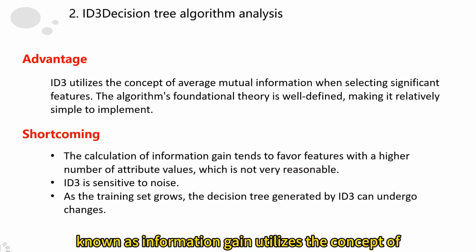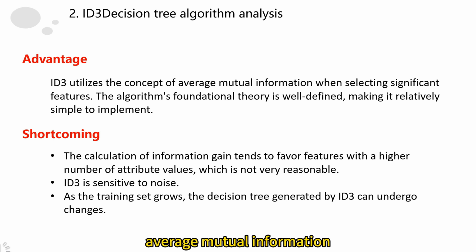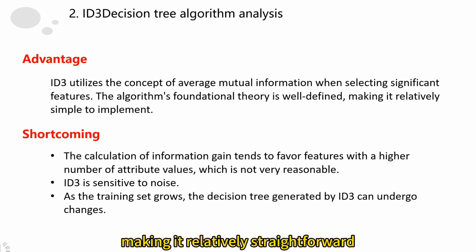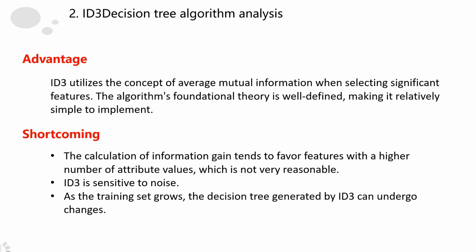The algorithm known as information gain utilizes the concept of average mutual information when selecting significant features. The foundational theory of this algorithm is clear, making it relatively straightforward.